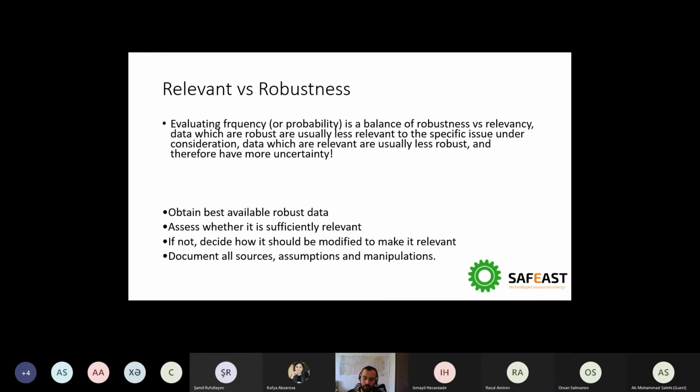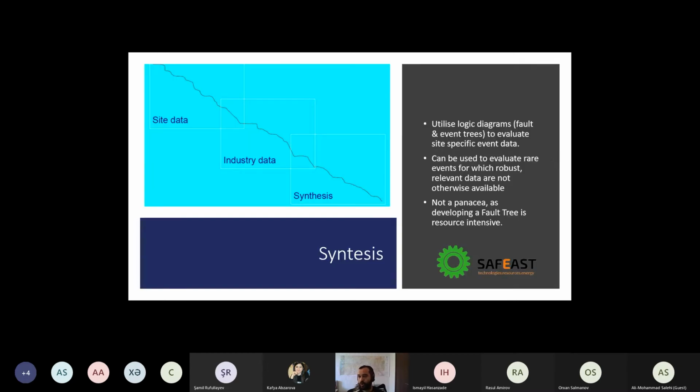And of course, in engineering and especially in technical safety engineering, one of the most important things is documenting all the sources, assumptions, and manipulations, because they can be a game changer. So when you have site data and you can use industry data, as I said, site data may be relevant but not robust enough.